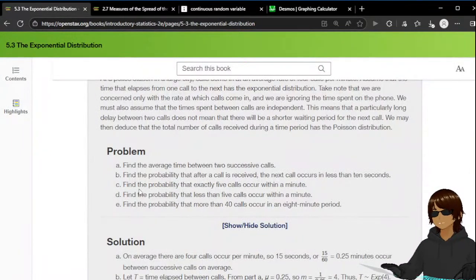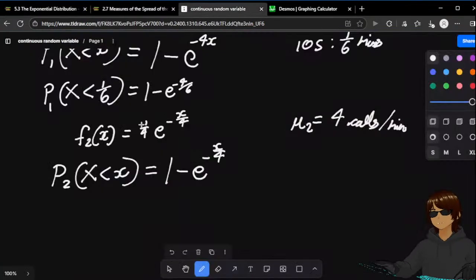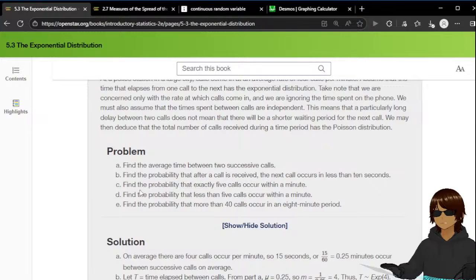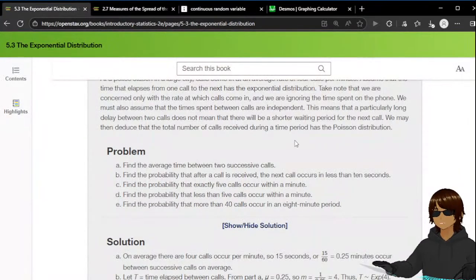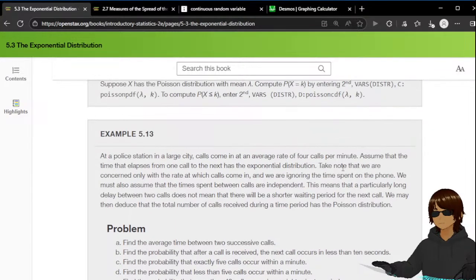They're asking for exactly 5 calls. They said it follows a Poisson distribution, right?